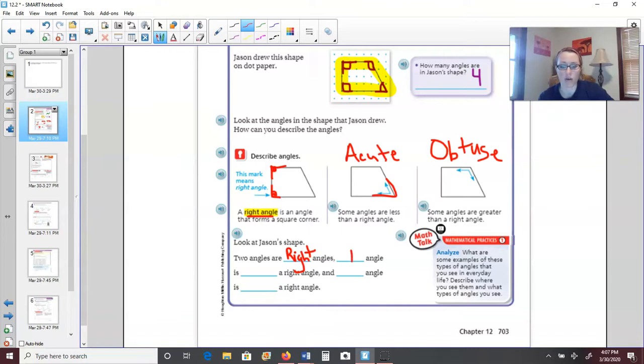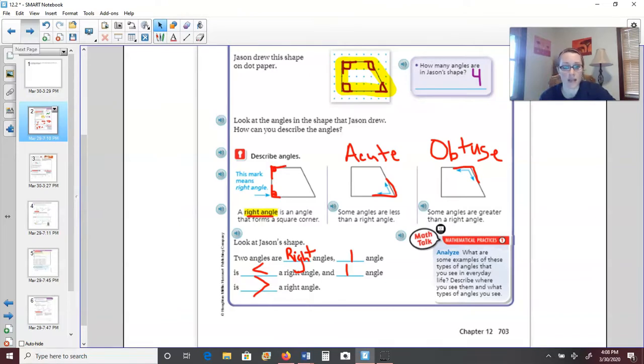One angle is, we're going to use the symbol less than a right angle, and one angle is greater than a right angle. Basically, one angle of his shape is acute, has a less than right angle, and one angle is obtuse. It's opening up wider.